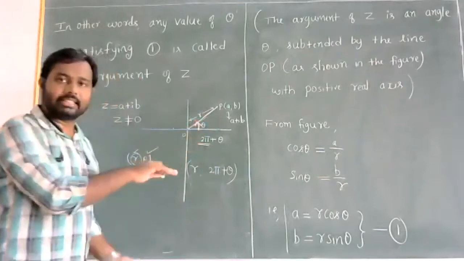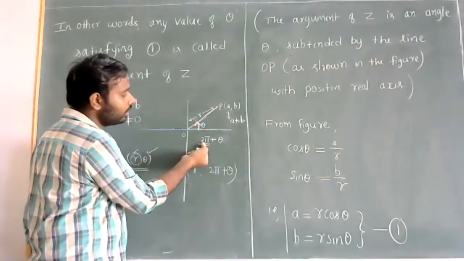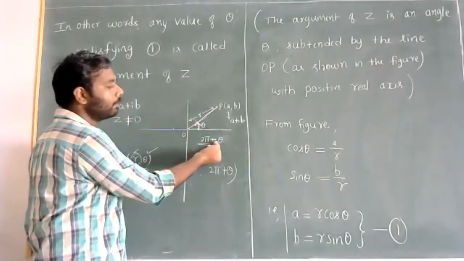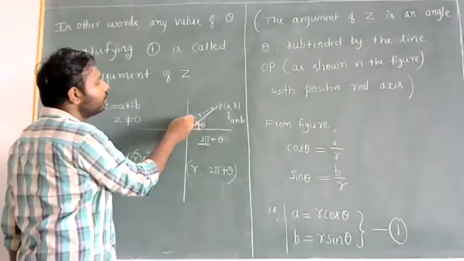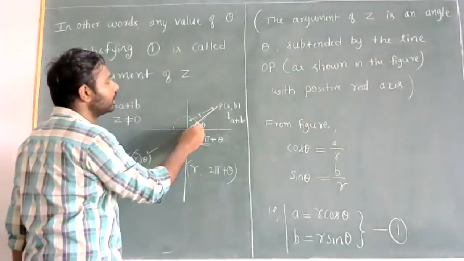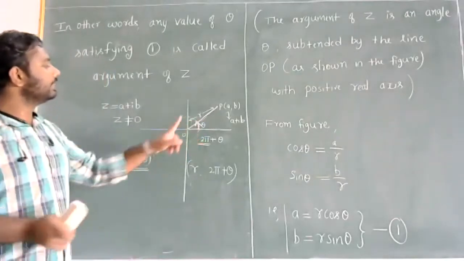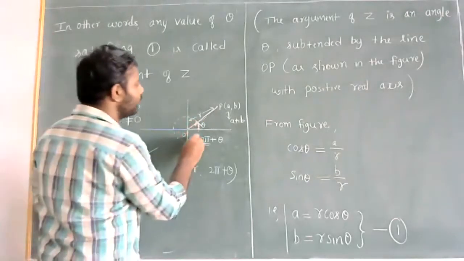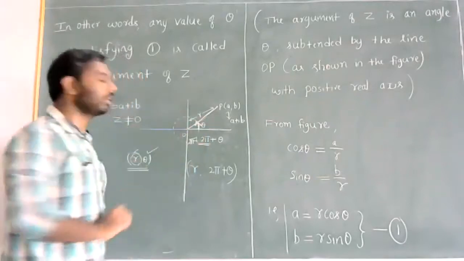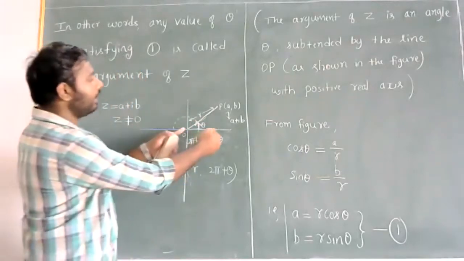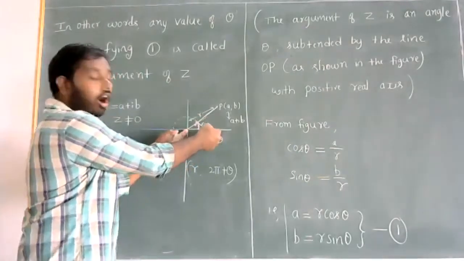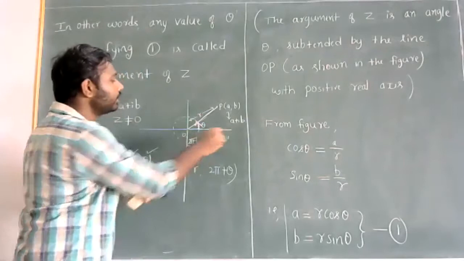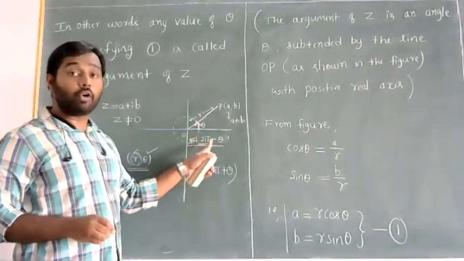Now, once again, I have already given a rotation of 2 pi plus theta angle. Now, once again go around. So that is one more circle. Again, I reach the same point. That means plus 2 pi. That means I'll consider a line OP of length r. I'll give how much amount of rotation? 2 pi plus 2 pi, 4 pi plus theta.